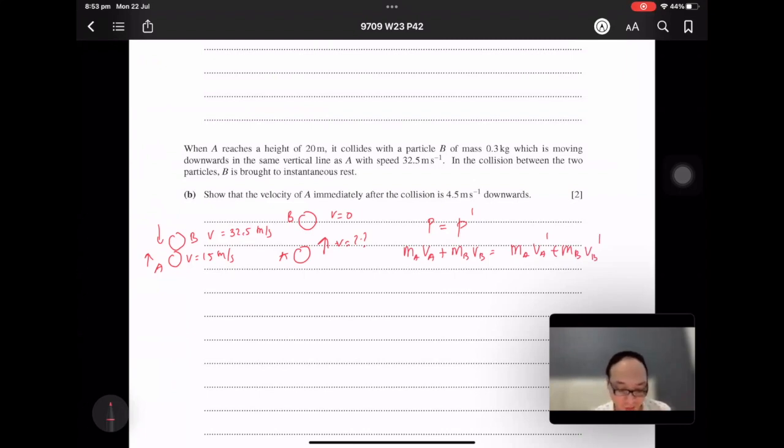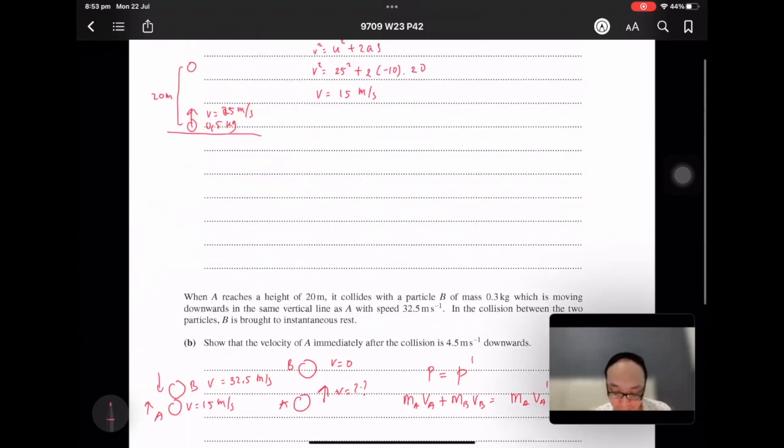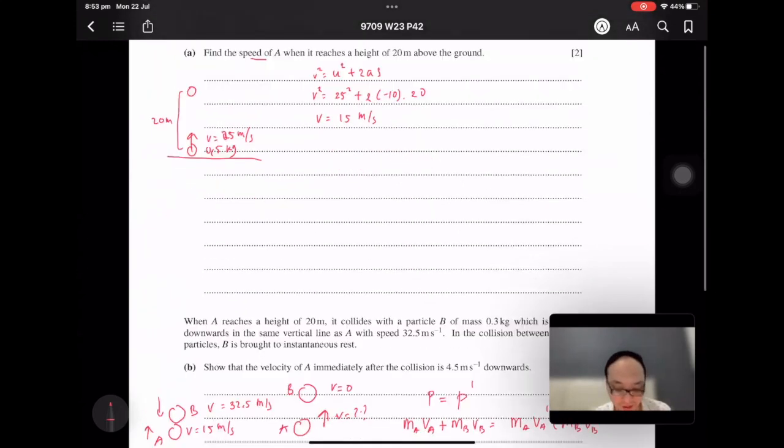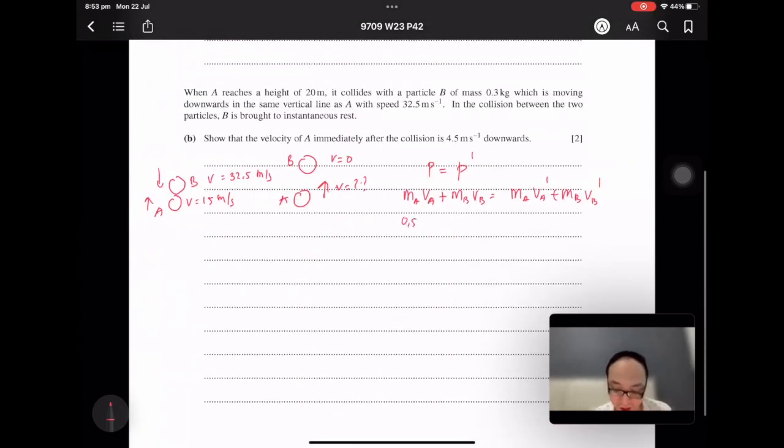Mass A is 0.5, so 0.5 times 15 plus mass B is 0.3 times negative 32.5, since B is downwards, equals 0.5 times v_A after the collision plus 0.3 times 0.